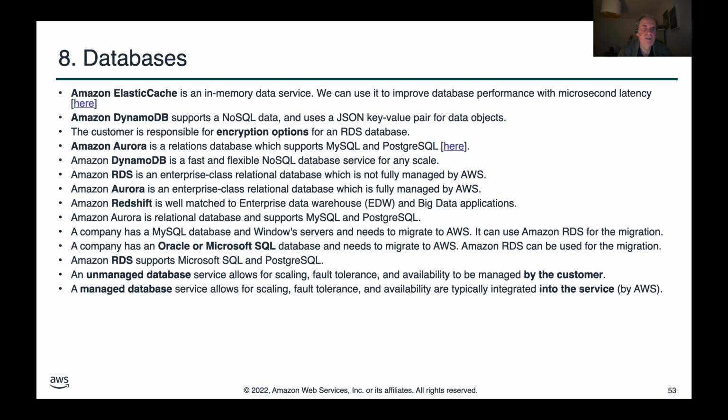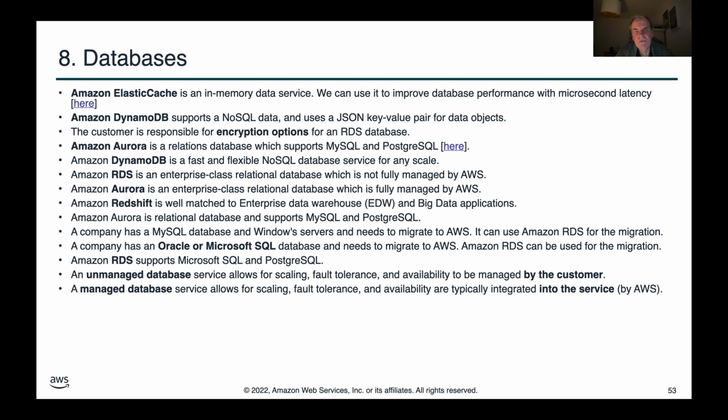For databases, ElastiCache in memory is very, very fast, but then if we take the power away or the system was to be terminated, then we lose the data. DynamoDB is a NoSQL with JSON key pairs. We have the customers responsible for encryption of the database.